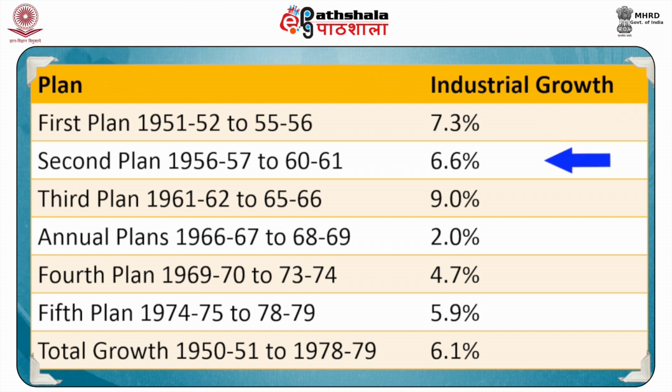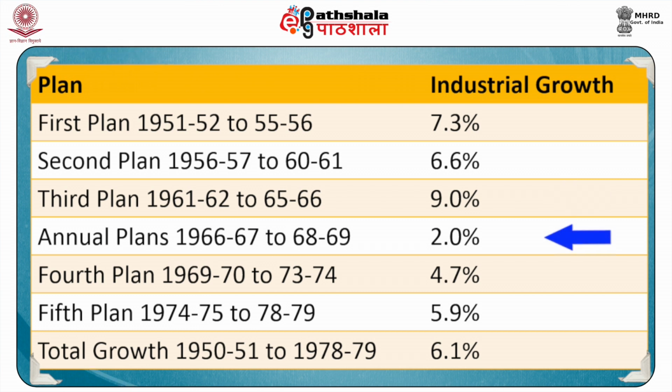Second plan, ranging from 1956-57 to 1960-61, the industrial growth was 6.6%. Third plan, ranging from 1961-62 to 1965-66, the industrial growth was 9%.